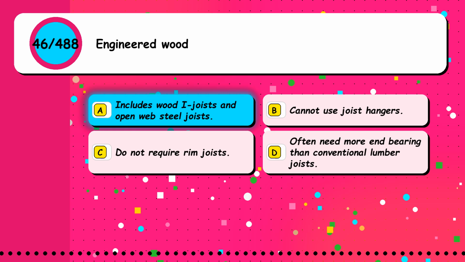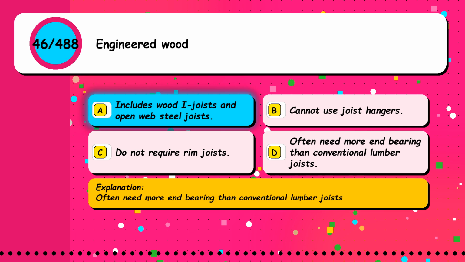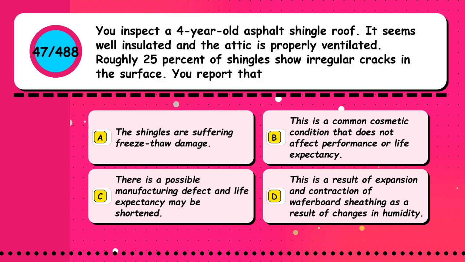The correct answer is option A, includes wood I-joists and open web steel joists. Often need more end bearing than conventional lumber joists. Question 47. You inspect a 4-year-old asphalt shingle roof. It seems well insulated and the attic is properly ventilated. Roughly 25% of shingles show irregular cracks in the surface.